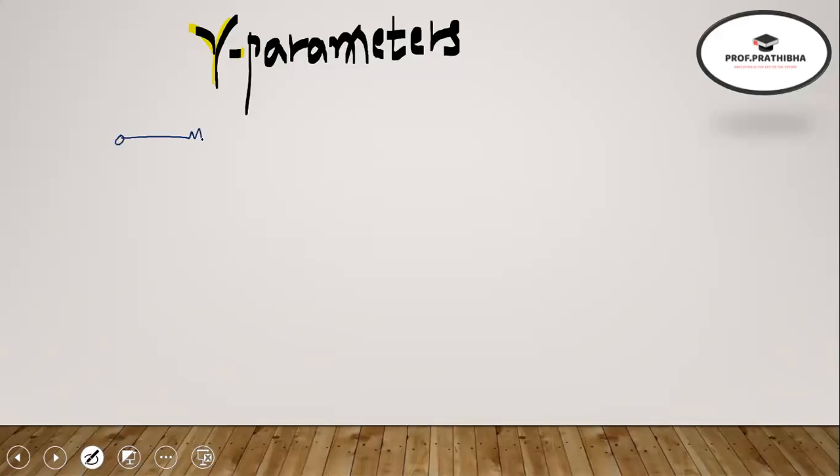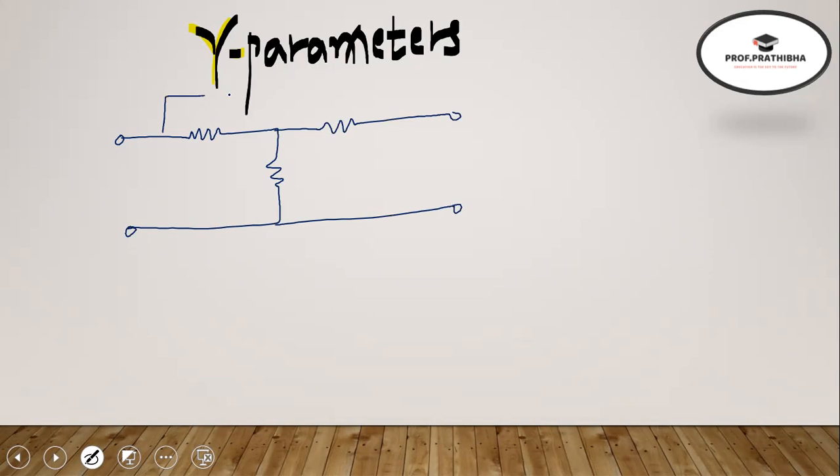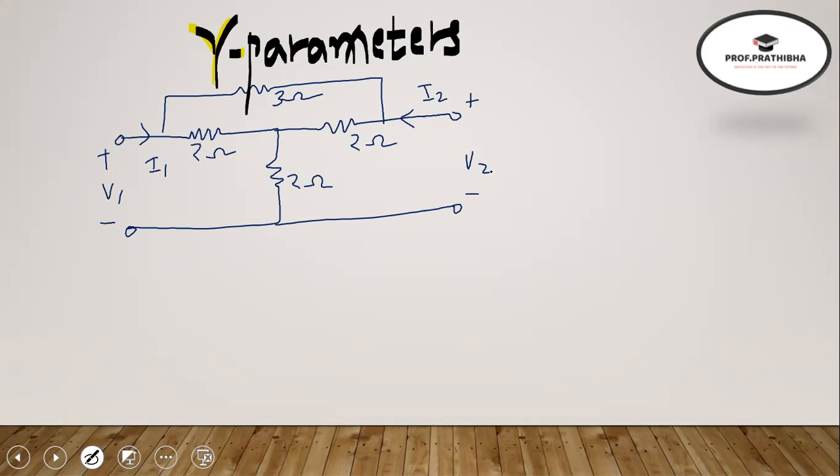Suppose it is this one. I'm drawing the network. You can also draw the network. So again, now this is Y parameters.